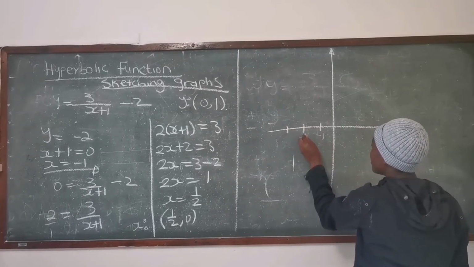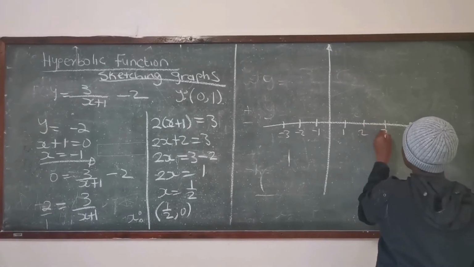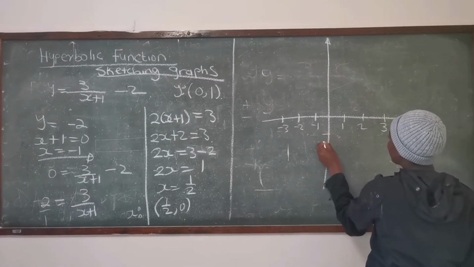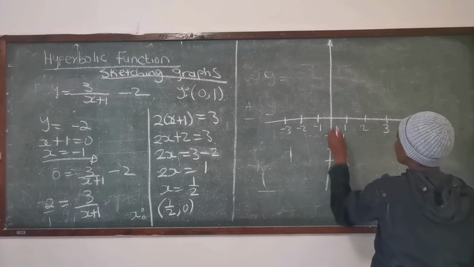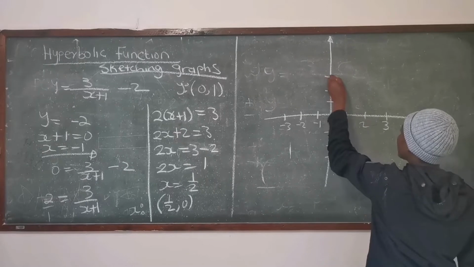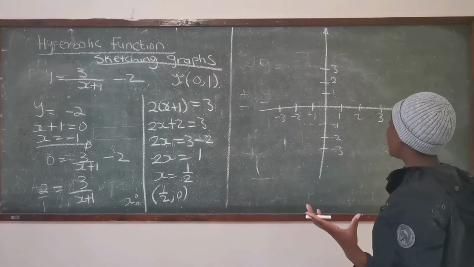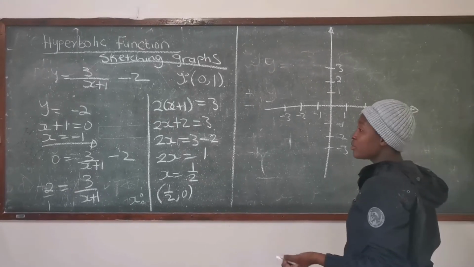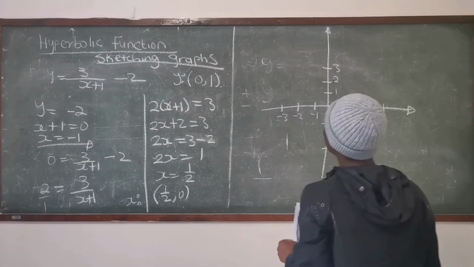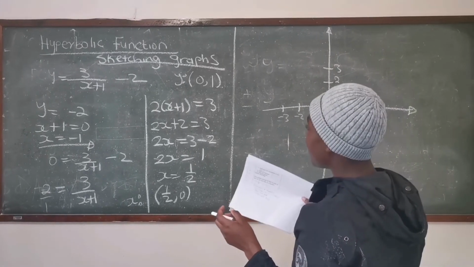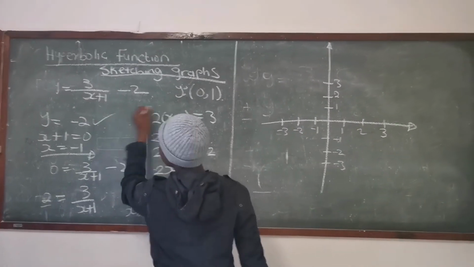This will be -1, -2, -3, and 1, 2, 3. My graph might not be up to scale because I'm sketching by hand actually, so bear with me. Then let's start by inserting our asymptotes first. Then we have our y-asymptote, which is -2.